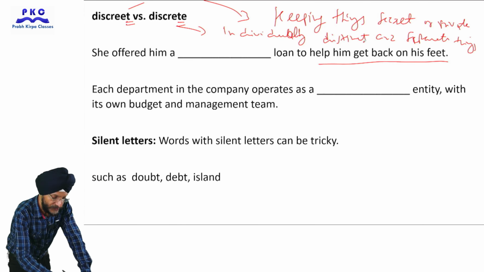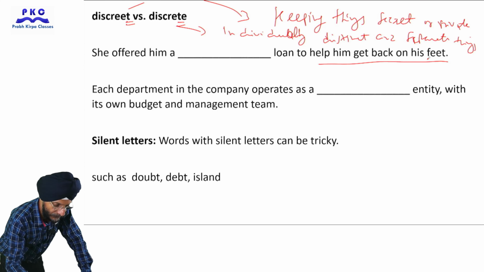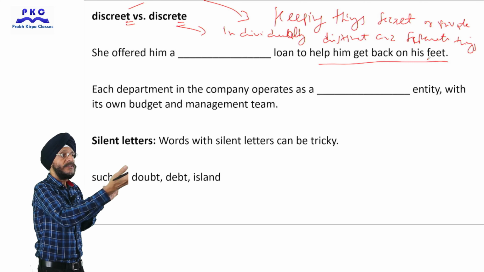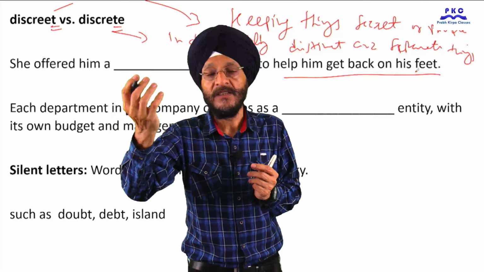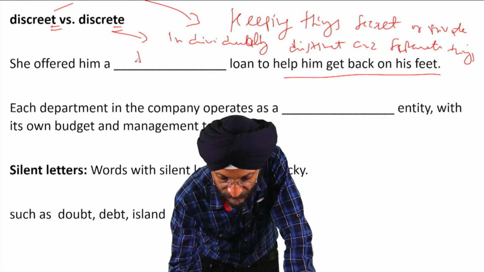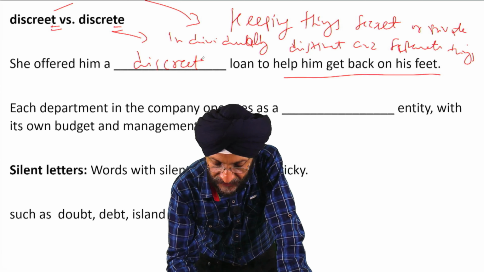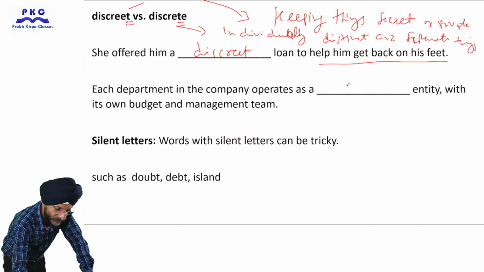Now we will read. She offered him a dash loan to help him get back to his feet. That is, she offered a loan, but she did not tell others. The loan given was kept secret. So here we will use the word discreet, with double E. Next is: each department in the company operates as a discrete.